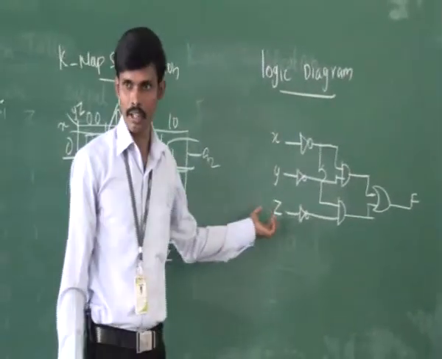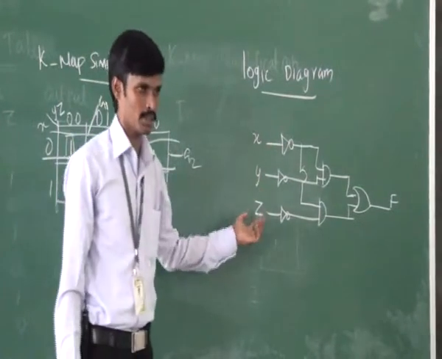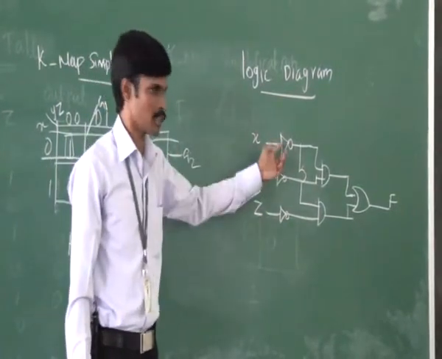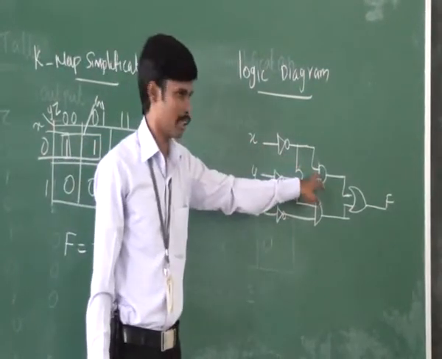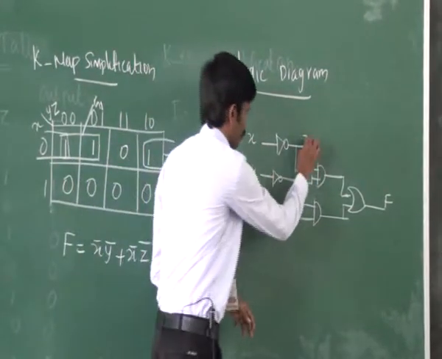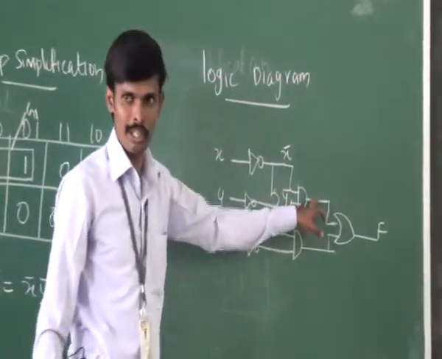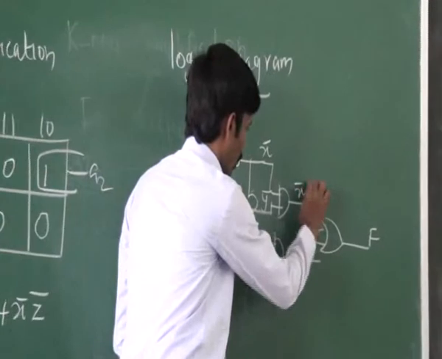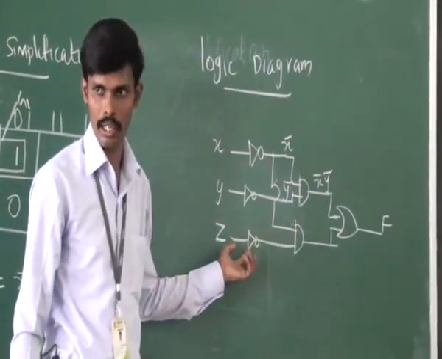This is the required logic diagram for the given combinational circuit, which consists of 3 inputs. Here these 3 inverters are used to take the complement of the inputs. Then for this AND gate, the inputs are X bar, Y bar. Then the output will be X bar into Y bar. Then for this AND gate, the inputs are X bar and Z bar.